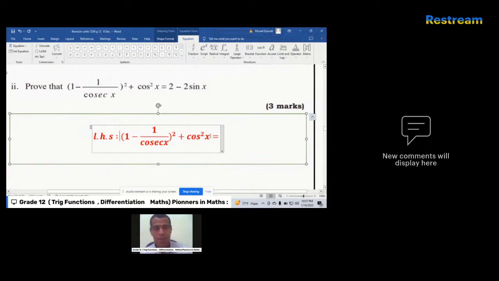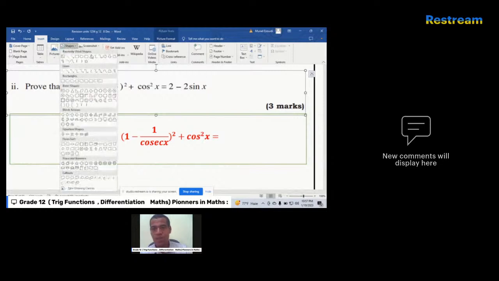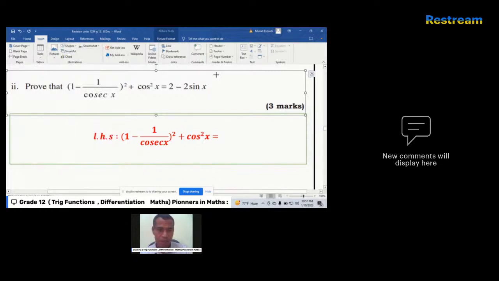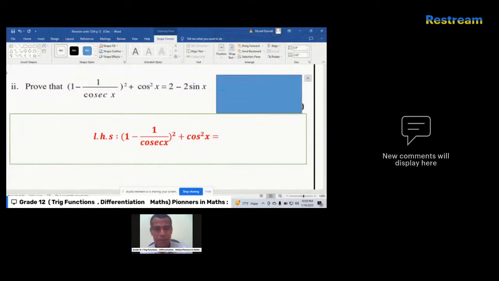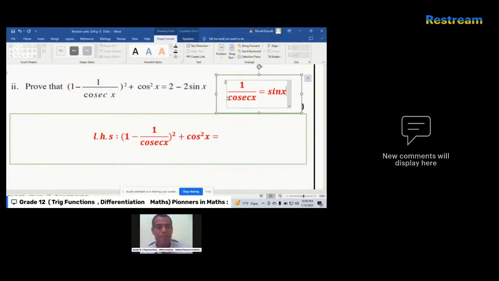Remember that cosec of x is 1 over sine of x, and also 1 over cosec x is sine of x.